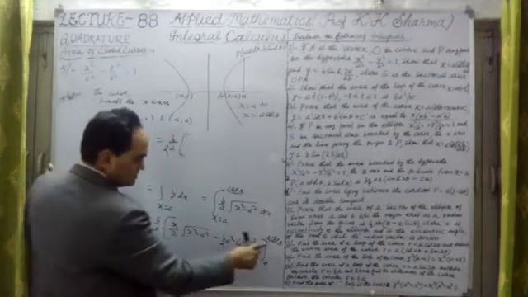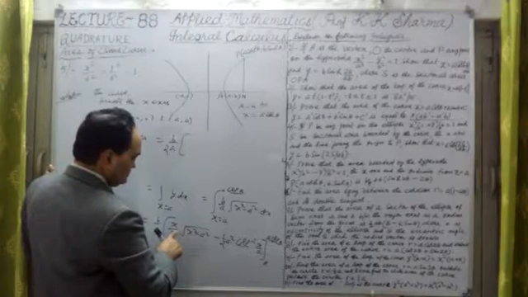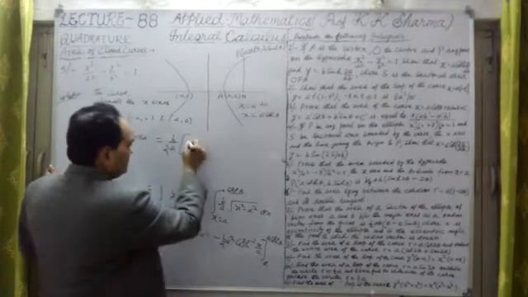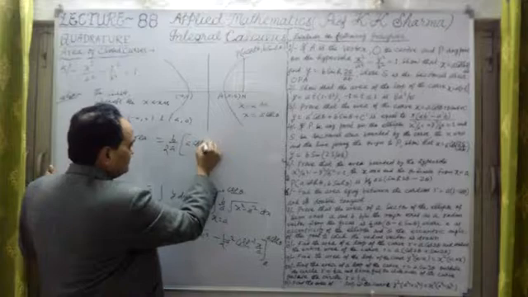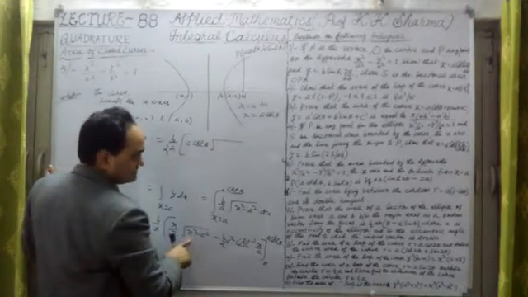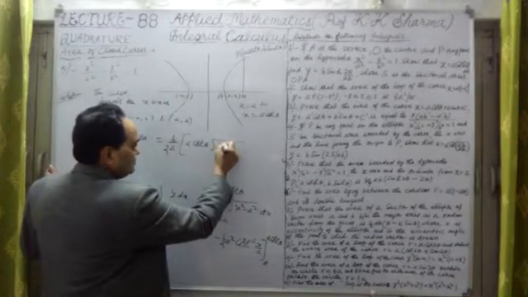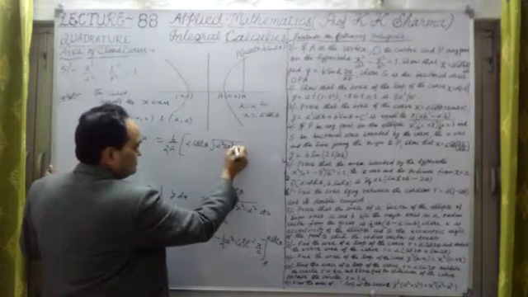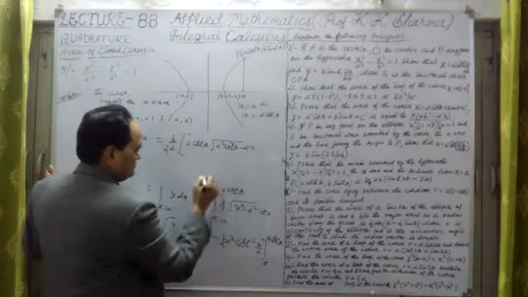Now putting a cosh theta in place of x, we have a cosh theta times the square root of a square cosh square theta minus a square, because I have taken 1/2 outside.